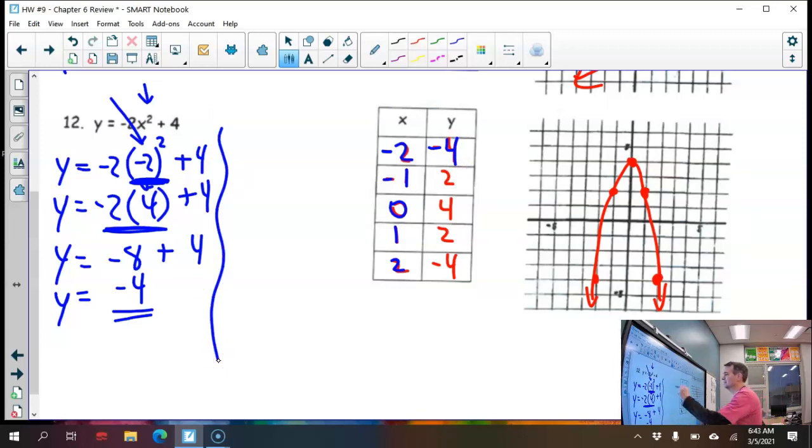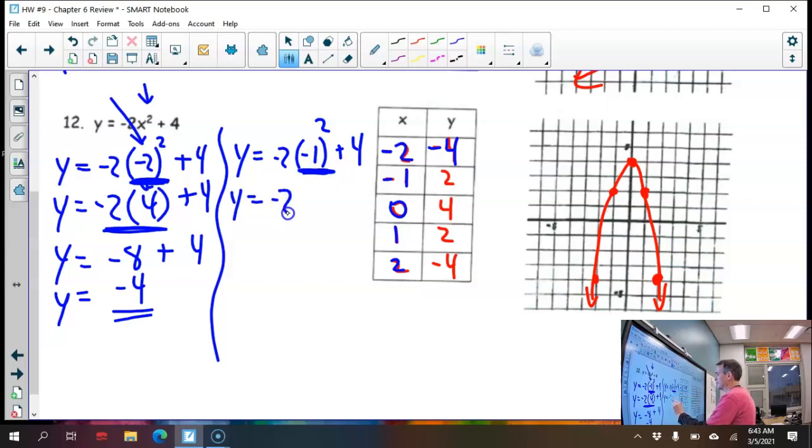I'll do -1. So -1 would look like this when I put it in for x. And first I would square the -1. That means -1 times -1, which is +1.